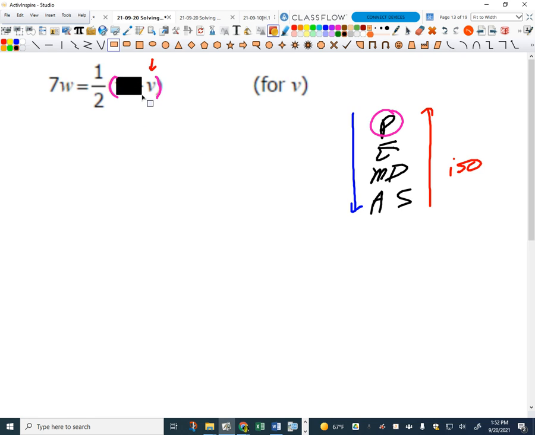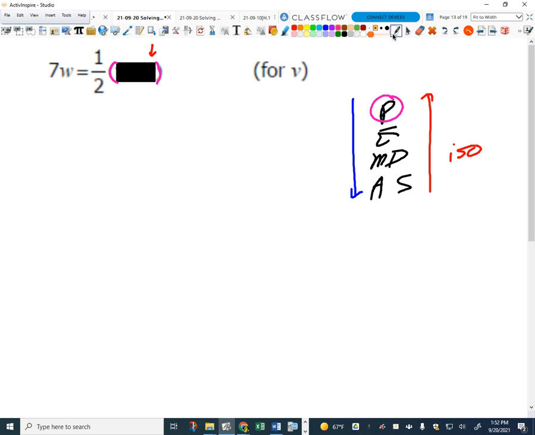So let's just do this. I'm just going to cover that stuff up because we don't get to the parentheses until the last step. So now, outside of parentheses, my goal is to isolate the v. I should be pushing stuff to the left, right, to get rid of stuff from the right side so I can isolate the v on the right side. Is there anything outside of parentheses I need to add or subtract? Thumbs up for yes, thumbs down for no.